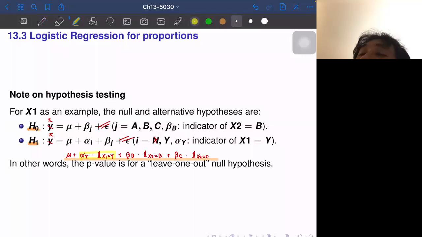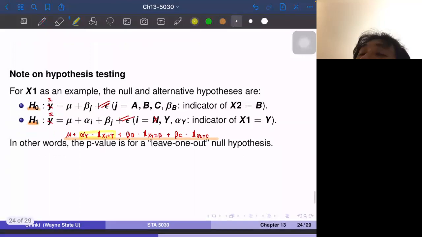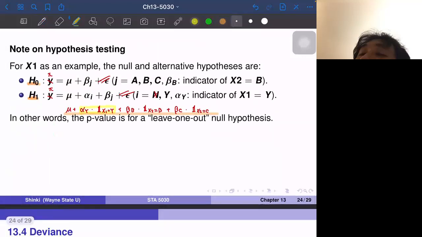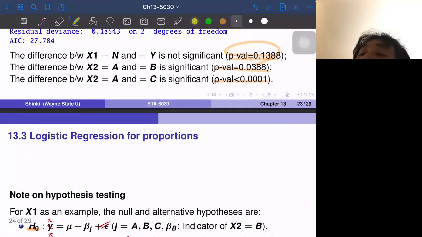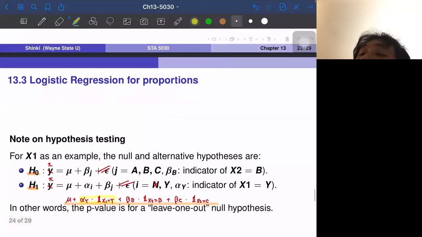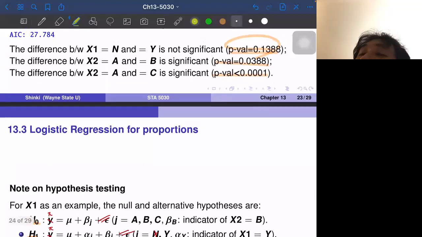So just a leave-one-out hypothesis test. So alpha y is not significant. That means that if we know the information of x2, then x1 does not really matter. That is the correct interpretation of this p-value.